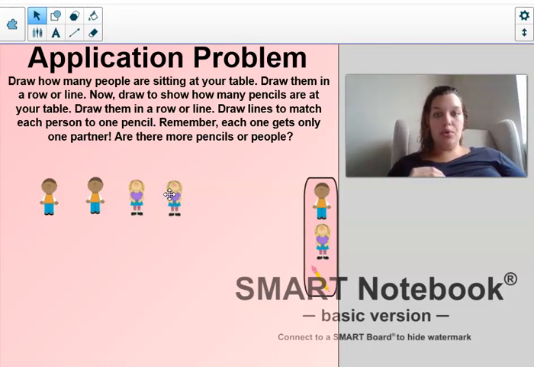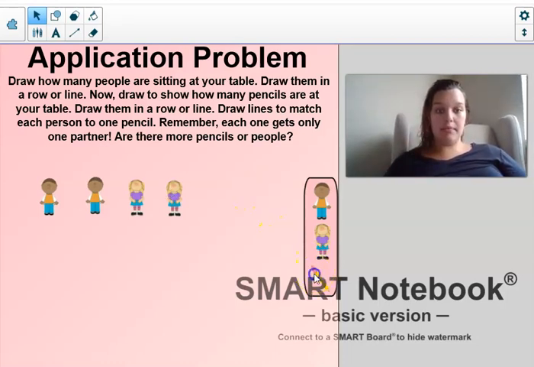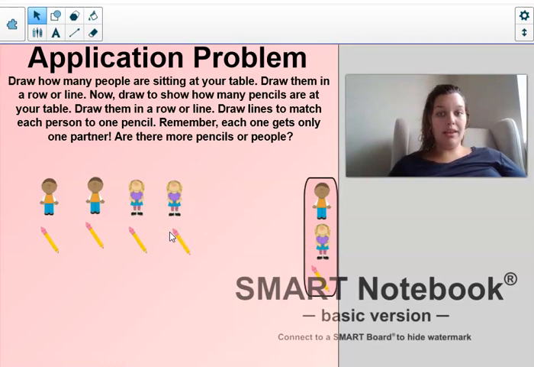Now, we are going to make sure everyone gets 1 pencil, okay? 1, 2, 3. Hey, are there more pencils or more people?